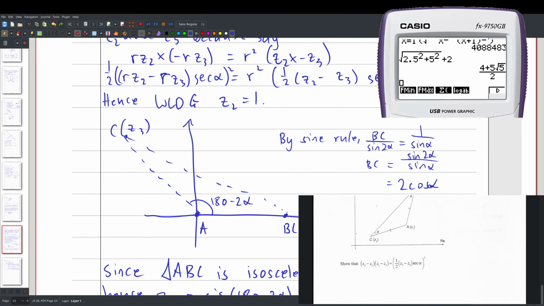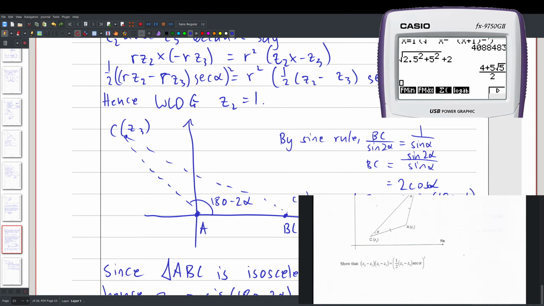So C minus B, which is Z3 minus 1, now equals 2 cos alpha cis (180 minus alpha), so 2 cos alpha times negative cos alpha minus i sine alpha.